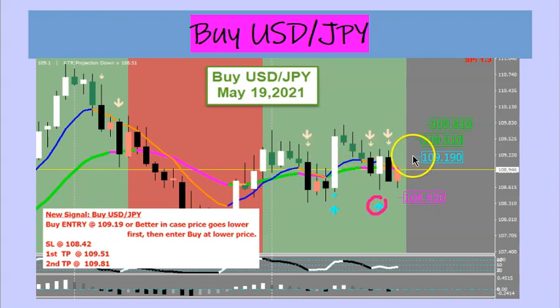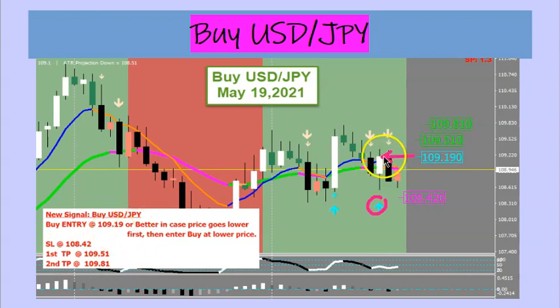This was our entry, right there, guys. And by the way, all the information on a trade, when I send out an email, this is an exact copy of the email with the data on it. So all you have to do is follow my instructions, guys. And it tells you right here that our entry is 109.19.